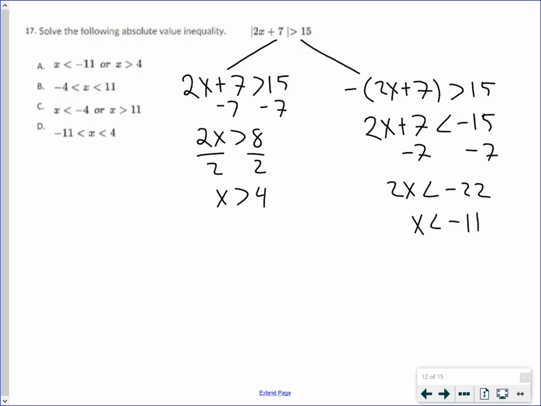So we have x has to be less than -11, or x is greater than 4. These don't overlap, so we have an or in between both solutions. Our answer is A.